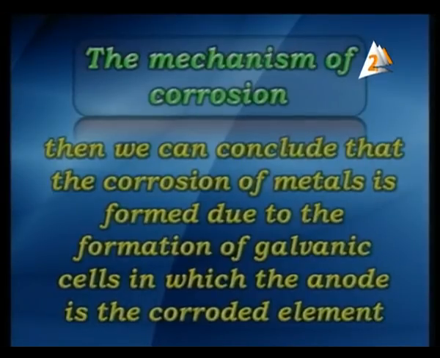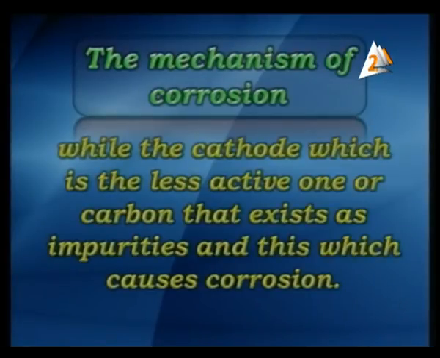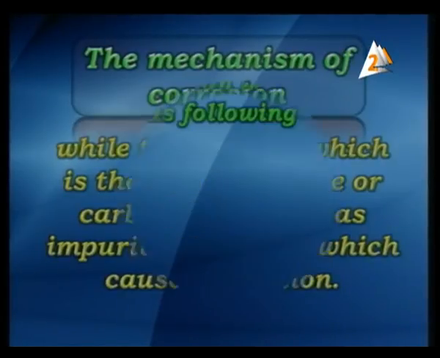Corroded means decomposed, finished, and the ions start to pass. While the cathode is the less active metal, or the carbon that exists as impurities, and this causes corrosion. Now you catch it. Mechanism of corrosion, easy and important.